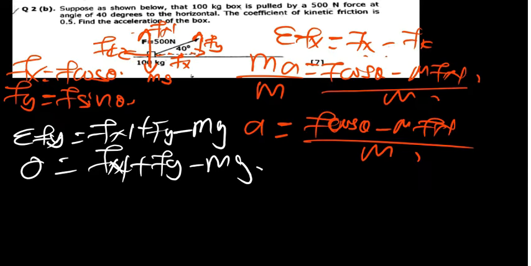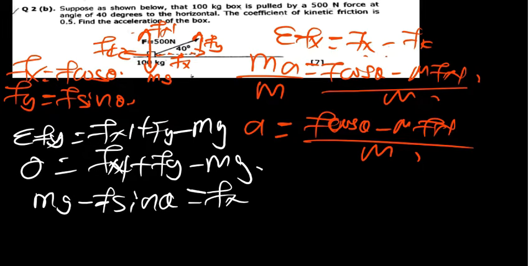Now what we have to understand here is that our goal is to make Fn the subject of the formula. I'm going to shift these two to the left hand side, and I'm going to end up having Fn equal to mg minus Fy, but we know that Fy is F sine theta. Meaning that where there's Fn, I'm going to replace it with this and find the acceleration now.